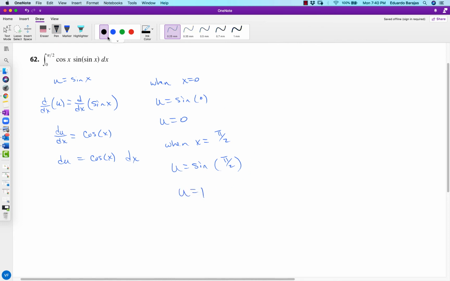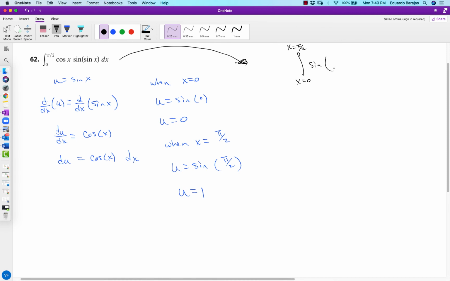Okay, so now I'm ready to make my substitution. And I'll say that this is going to be the integral, and I'm still going to keep my x here. This is x goes from 0, x goes to pi over 2. And I'm going to switch these around.